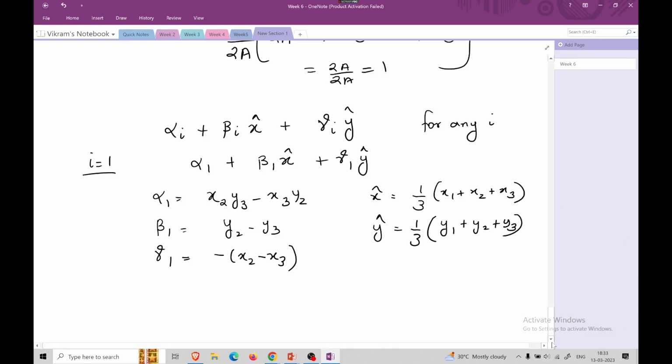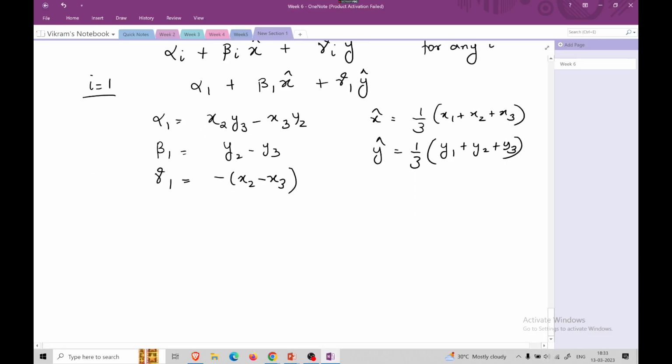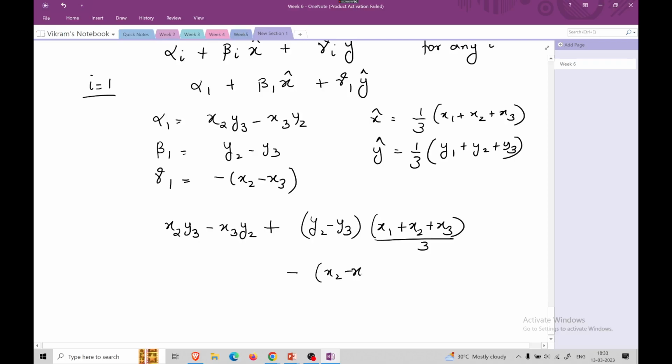Now I simply have to substitute everything. So alpha 1 is x2 y3 minus x3 y2, plus beta 1 is y2 minus y3 into x1 plus x2 plus x3 by 3, minus x2 minus x3 into y1 plus y2 plus y3 by 3.